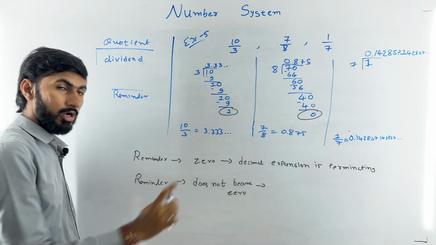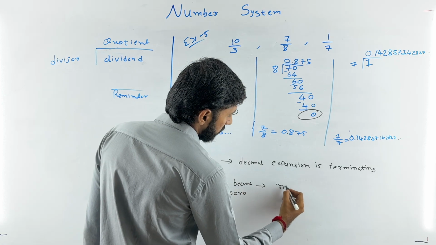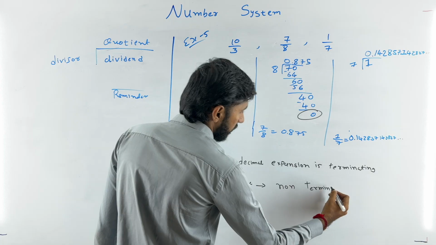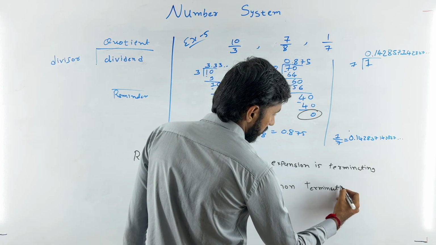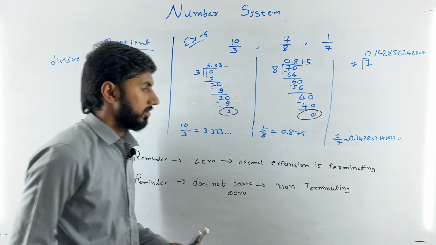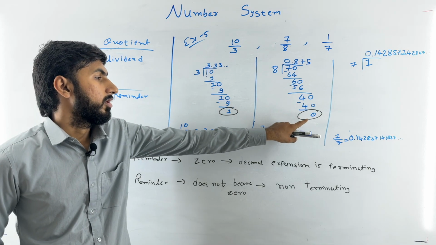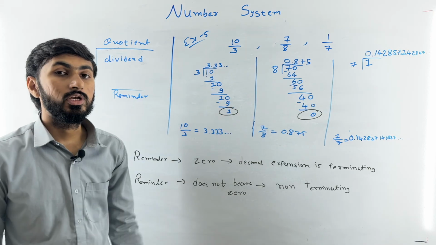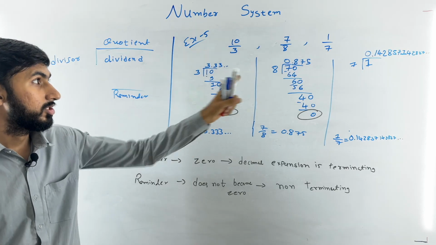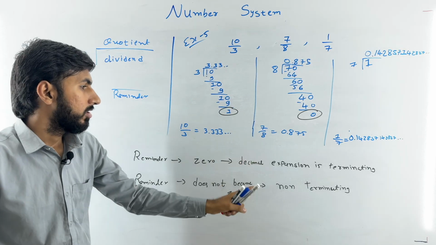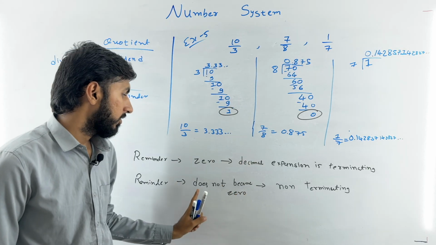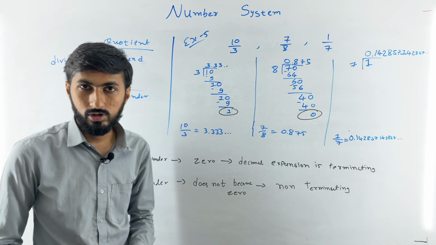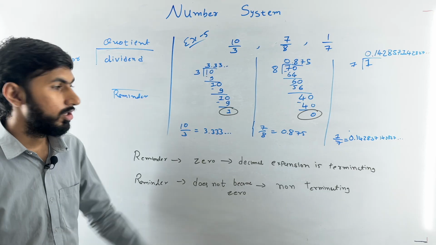That means it is non-terminating. We will simply use the term non-terminating. Right? So you have to remember, if the remainder is 0, that means the decimal expansion is terminating. That means the decimal expansion stops at some point. If the remainder does not become 0, that means the decimal expansion will go on to infinity. That means it is non-terminating.